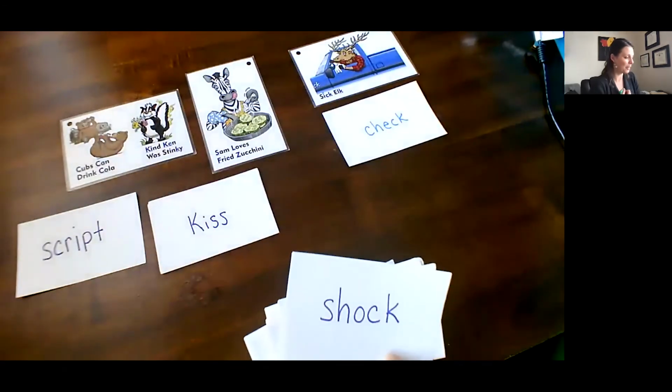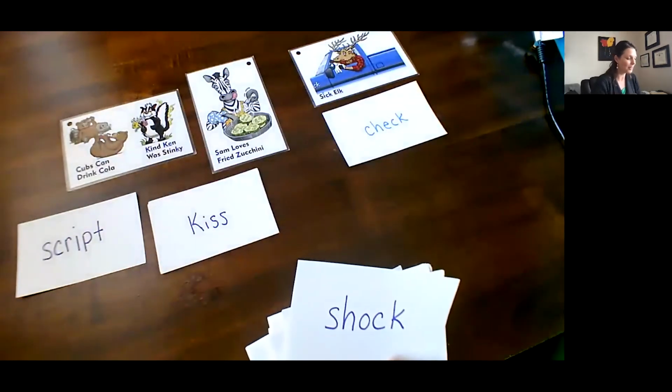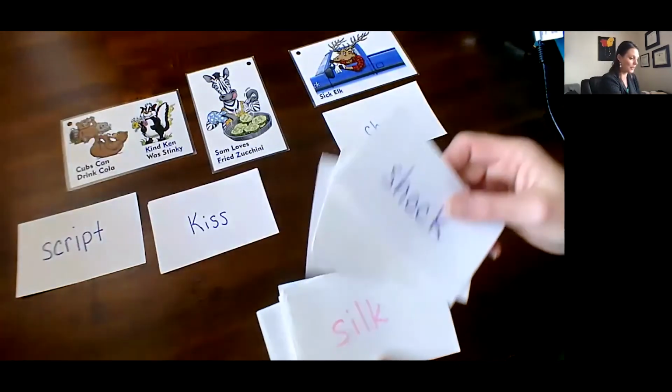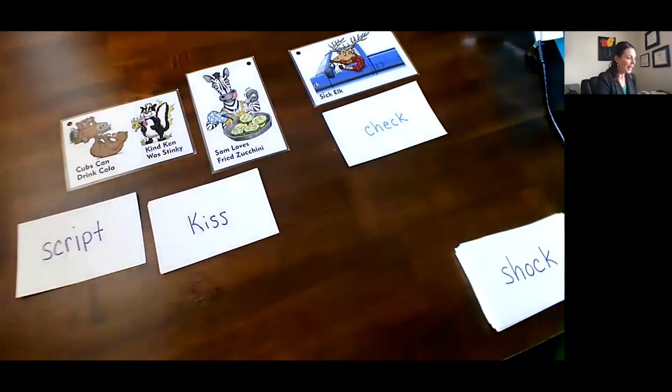It's a fun way for them to see if they can mentally identify spelling rules just by looking at words. So in addition to our activity pages, this is a great way to practice identifying rules as opposed to doing a word sort. I call this a rule sort.